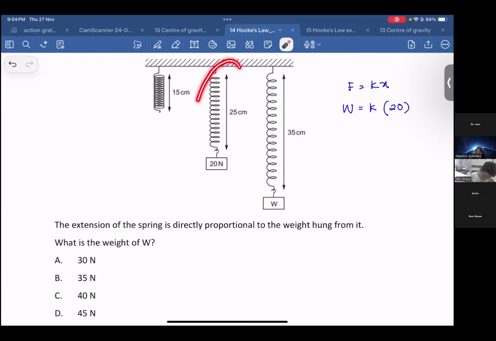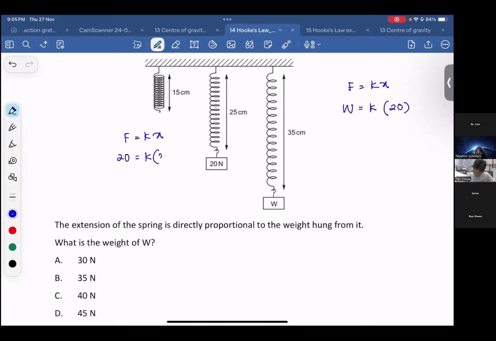Use the known case to find the k. F equals kx, using 20 Newton equals k times the extension, 25 minus 15. So it's actually 10. k is 2 Newton per cm.